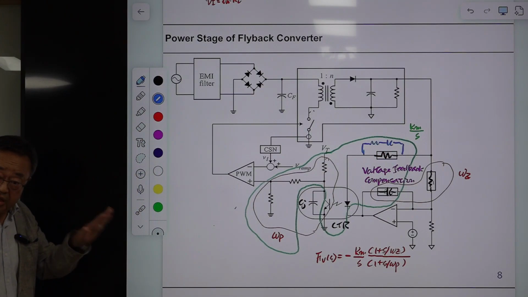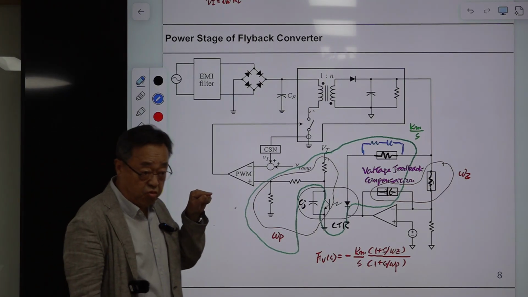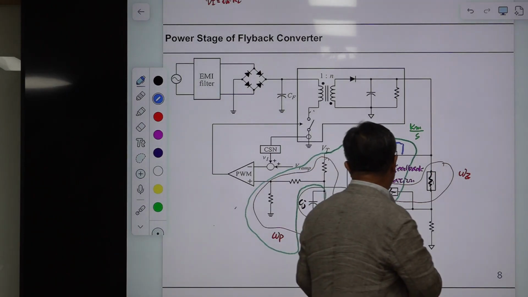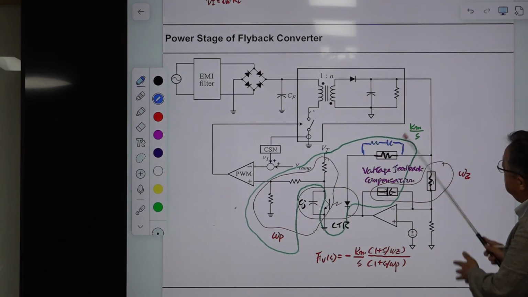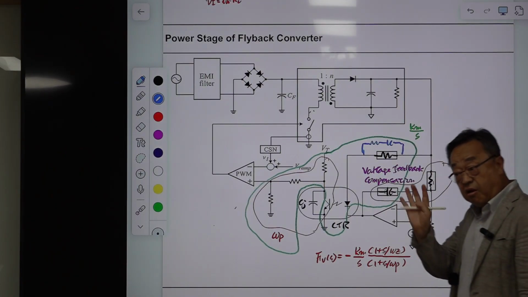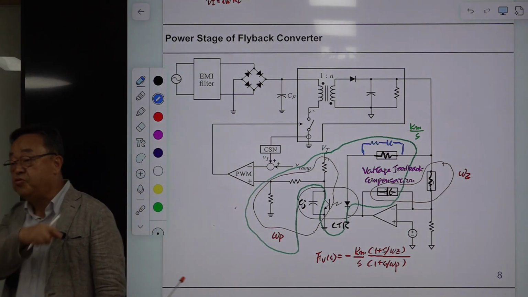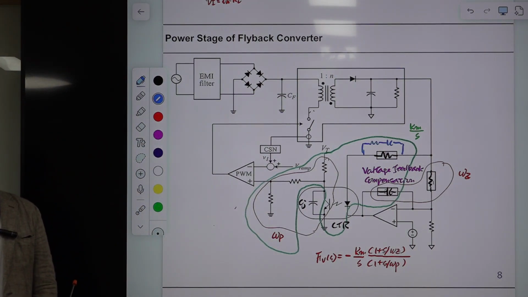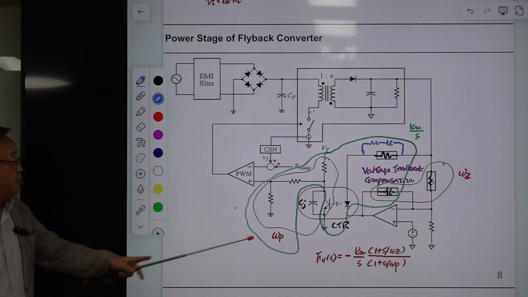So in that case, you have 3 poles, 1 pole at the origin and 2 poles determined by this circuit parameter, and 2 zeros determined by this pair and this pair. That is 3-pole 2-zero compensation. But you don't want to use 3-pole 2-zero compensation except for some special cases. Mostly this one is okay.